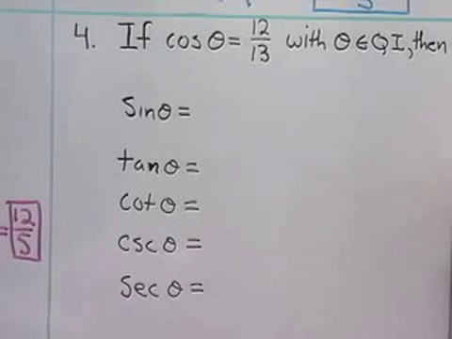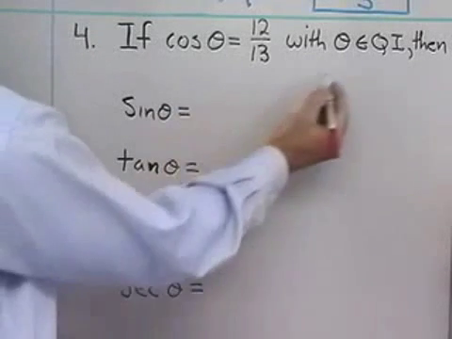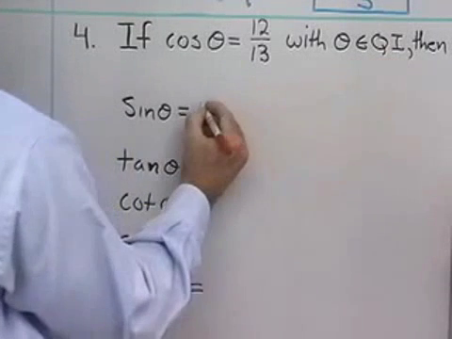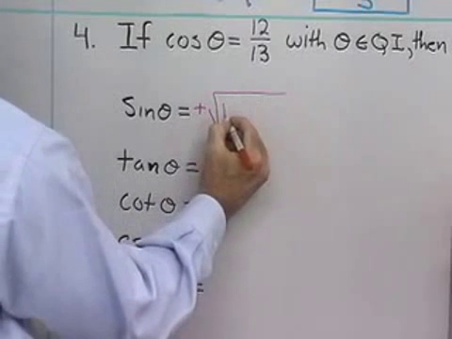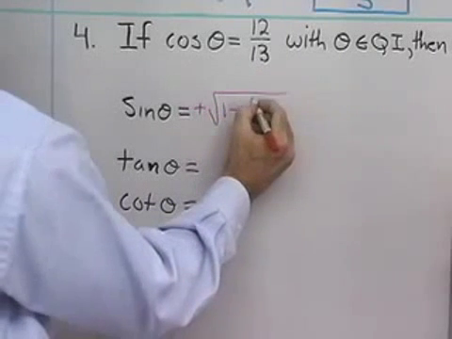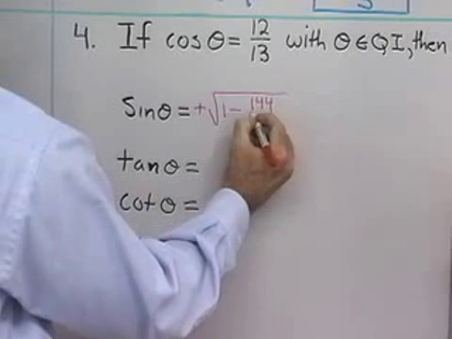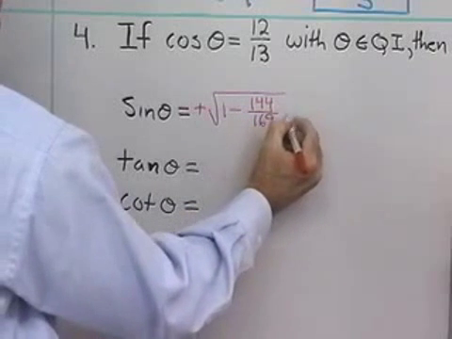Okay, well, sine theta, I'm going to use my Pythagorean identity. Since theta is in quadrant 1, I know I'm going to have positive square root of 1 minus cosine squared. That's 144 over 169.